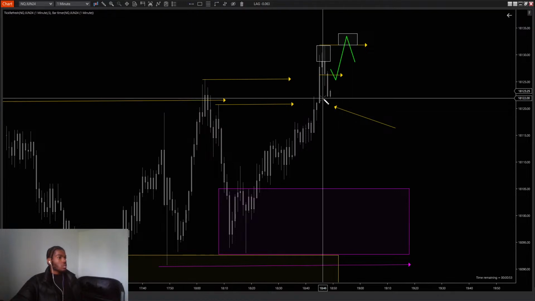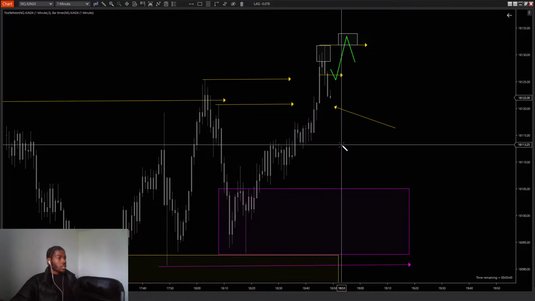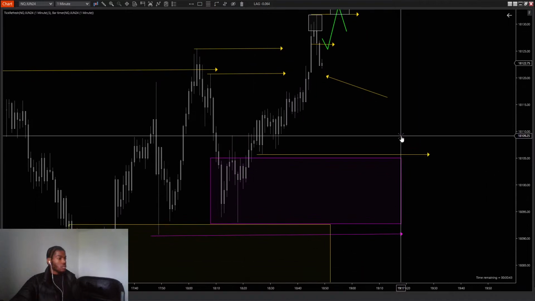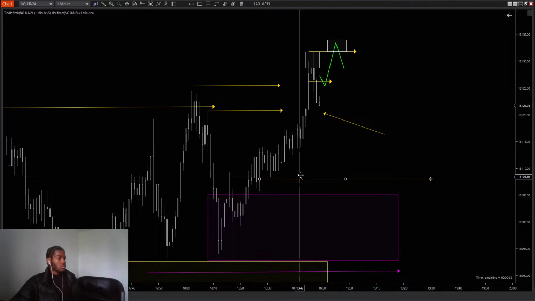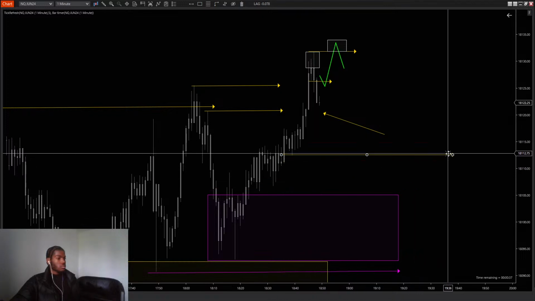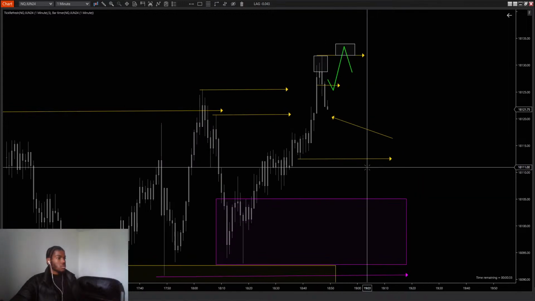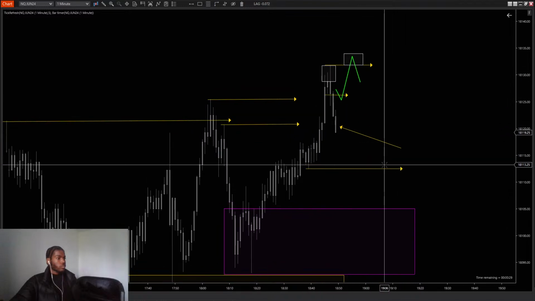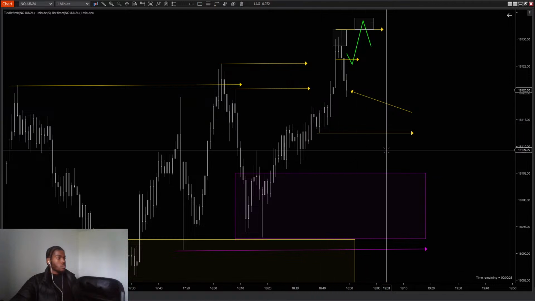So there are times where it can not go back and take out a protected high. Hold on. Yeah. So in this case, a protected low. But if that's the case, that's cool.